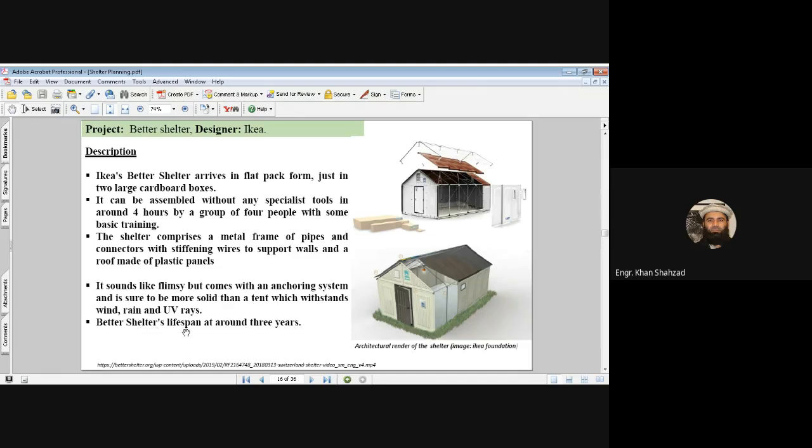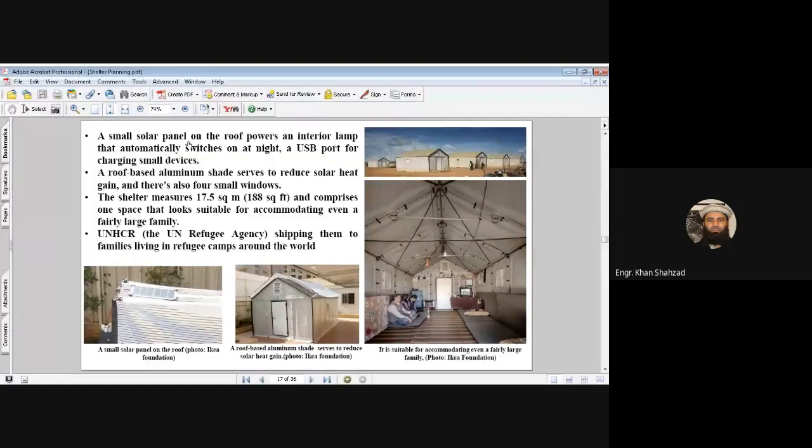Better Shelter's lifespan is around 3 years. A small solar panel on the roof powers, as you have seen in the video, an interior lamp that automatically switches on at night, and a USB port for charging small devices like mobiles, batteries, or chargers.